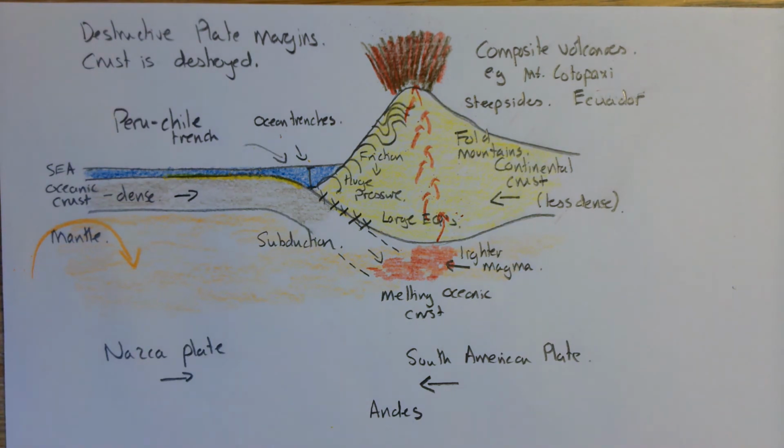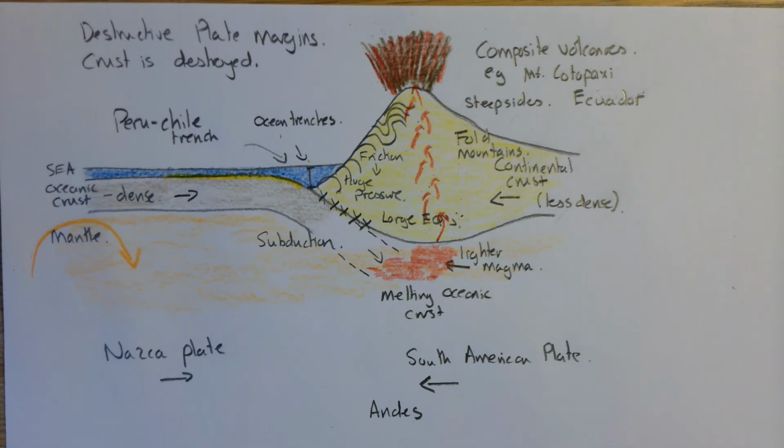Great, so let's have some questions. First off, and most importantly, which type of crust is most dense? Yes, the oceanic crust. As a result of being more dense, what happens to the oceanic crust when it collides with continental crust?